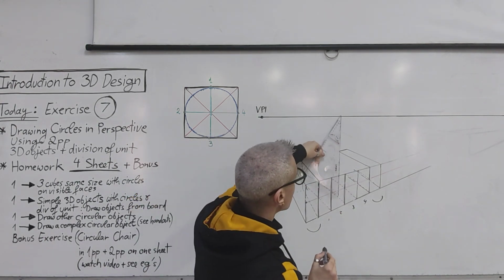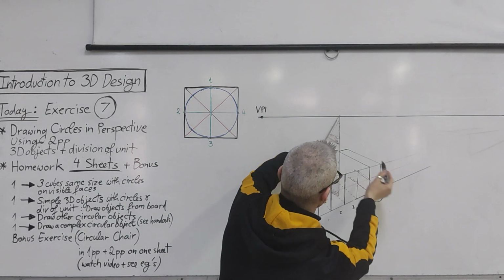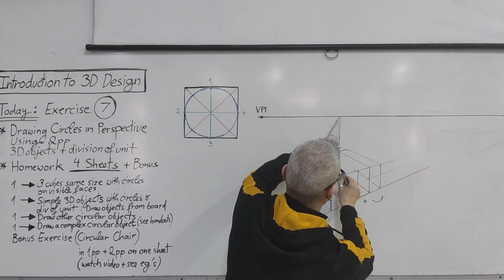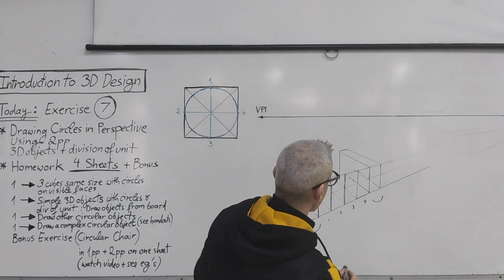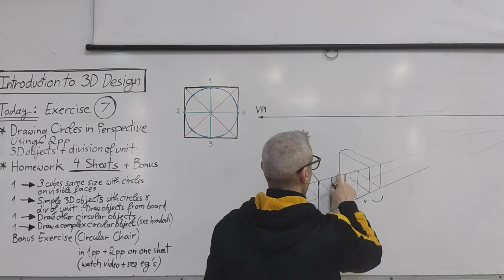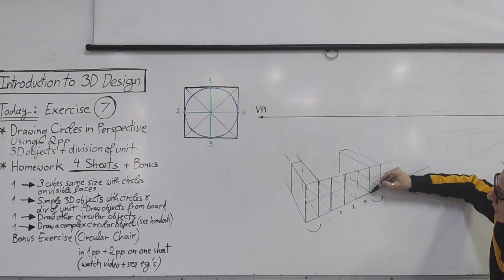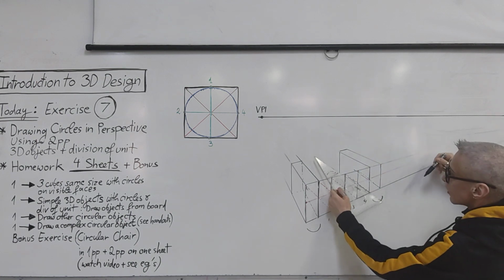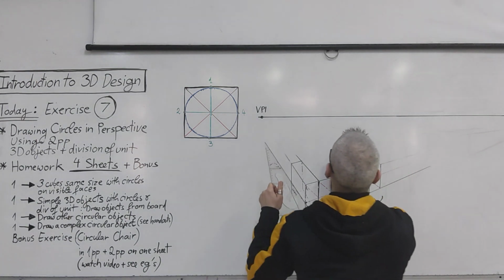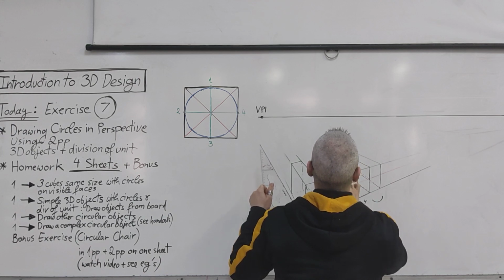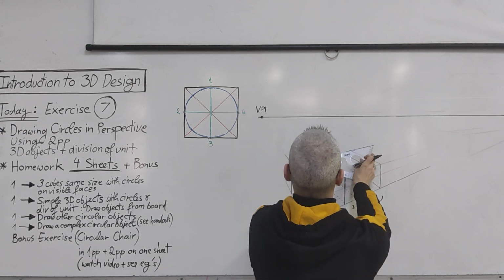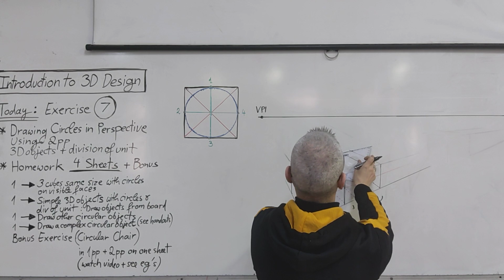Then from here we will put straight down until where? Until where this line? Well, from here we will know. If this is here the end of this object, okay, so let's take it again to the vanishing point.